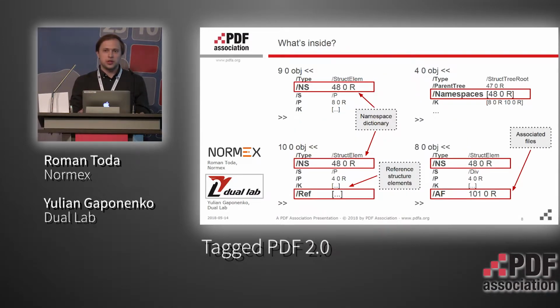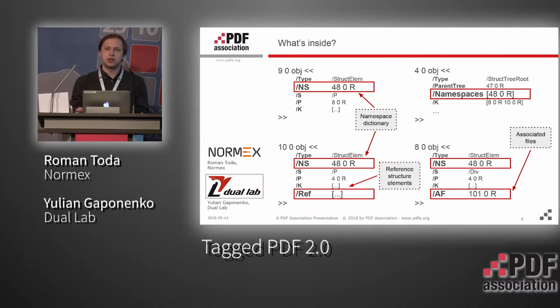In order to see the changes, you would need to look at the document logical structure tree, and as you see, there are a few new entries there, like AF or REF. We'll talk about those two a bit later. And you can also notice that every structure element dictionary contains the NS entry, which denotes the namespace.